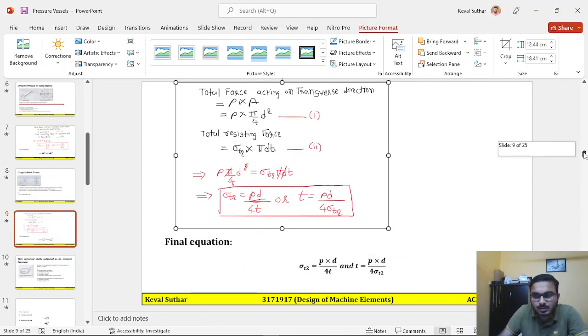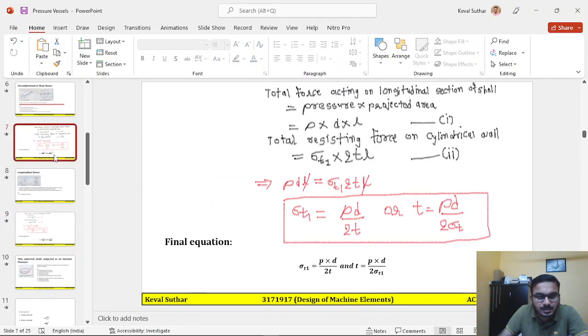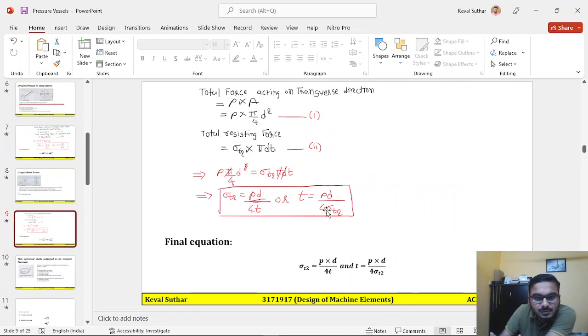Now in this case, if you compare, the hoop or circumferential stress is Pd upon 2t, while in case of longitudinal stress, here it is Pd upon 4t.